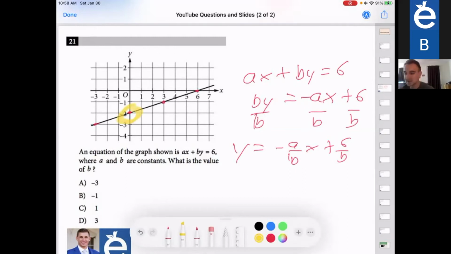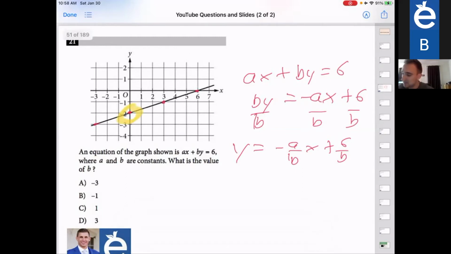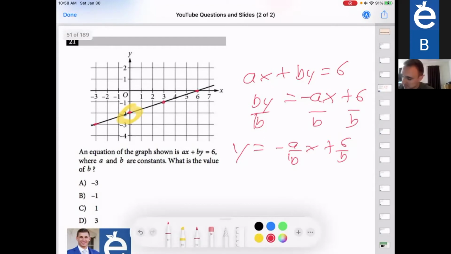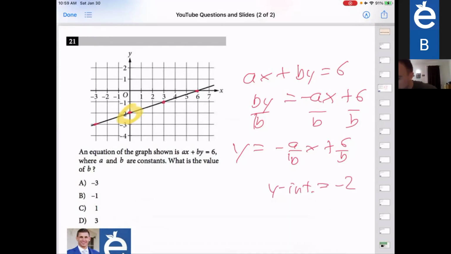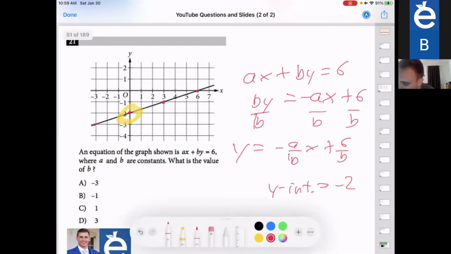I haven't moved off the y-axis, so my y-intercept is equal to -2. And I can also get my slope out of this, right? If I go from that point 0, -2, I go up 1 unit and over to the right 3. So my rise would be 1, and my run would be 3. So my slope here is 1/3.